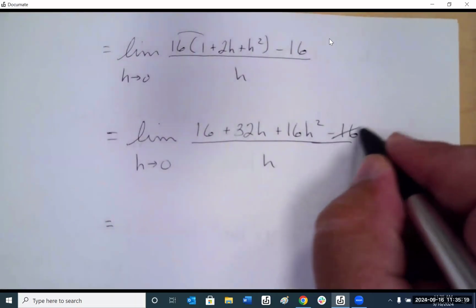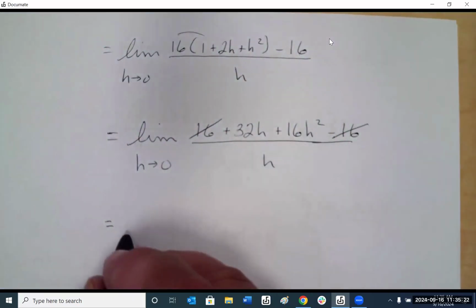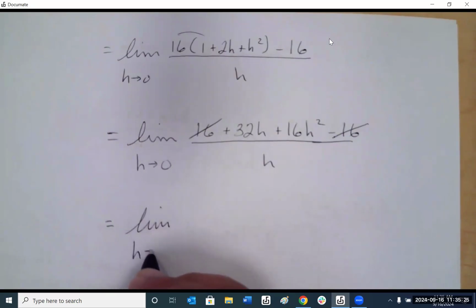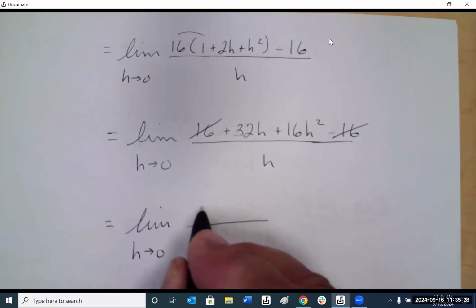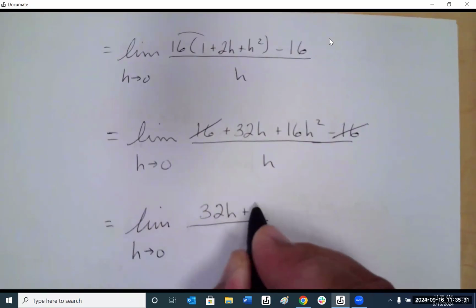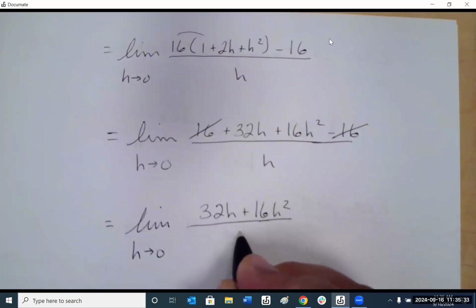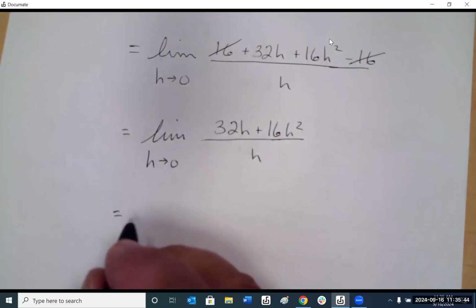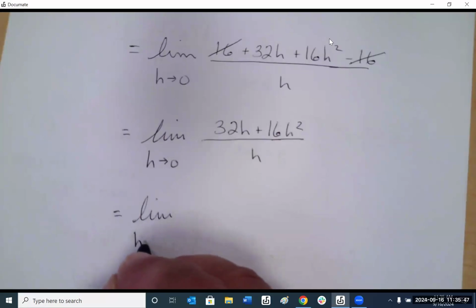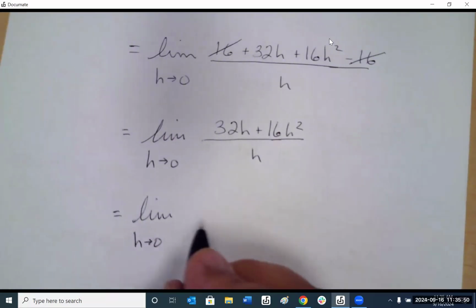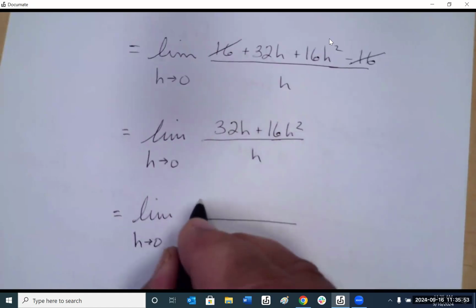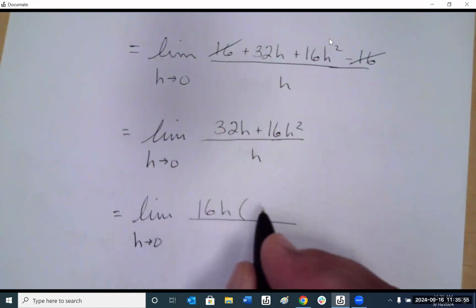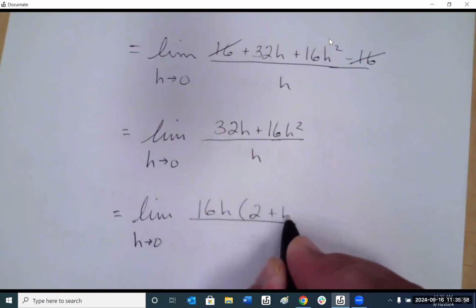Combine like terms. 16s cancel. 32h plus 16h squared. Factor the top. They both have a 16 and they both have an h. 16h times 2 plus h.